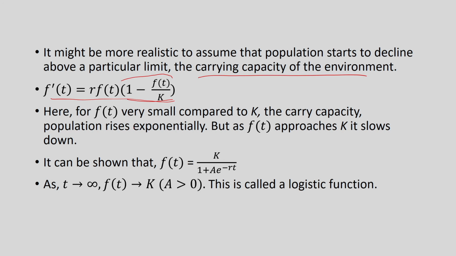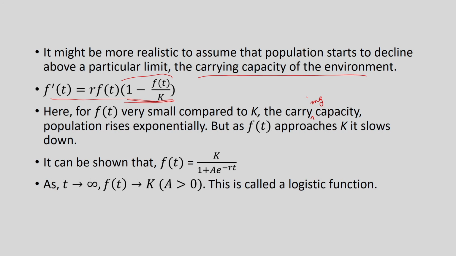Here, for f of t very small compared to K, the carrying capacity, population rises exponentially, because this part becomes roughly equal to 1. In this case there is no environmental problem; population has a lot of margin to grow.